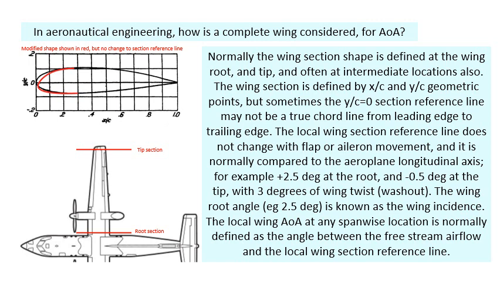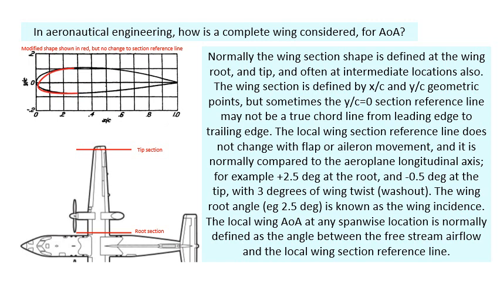So you might say that the wing is mounted with the reference line at plus 2.5 degrees at the root and minus 0.5 degrees at the tip. That's how it's mounted on the fuselage, or with respect to the longitudinal axis.